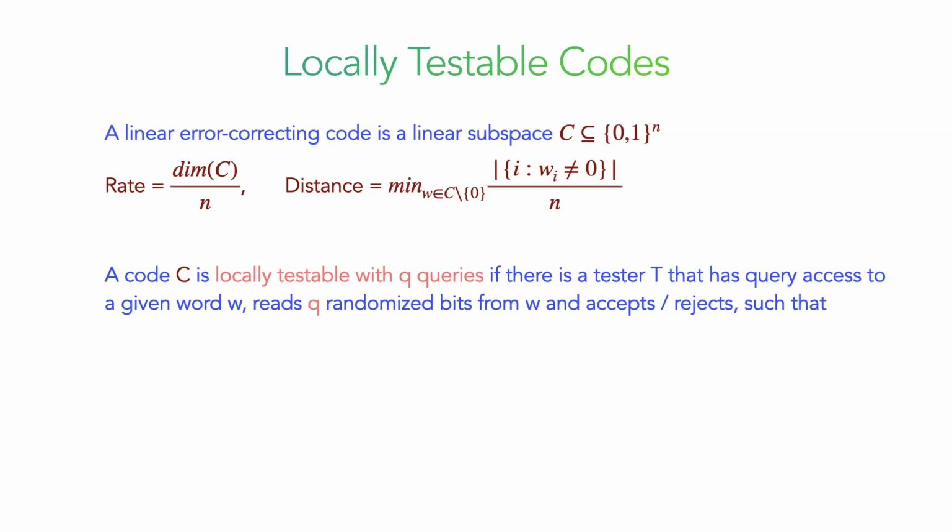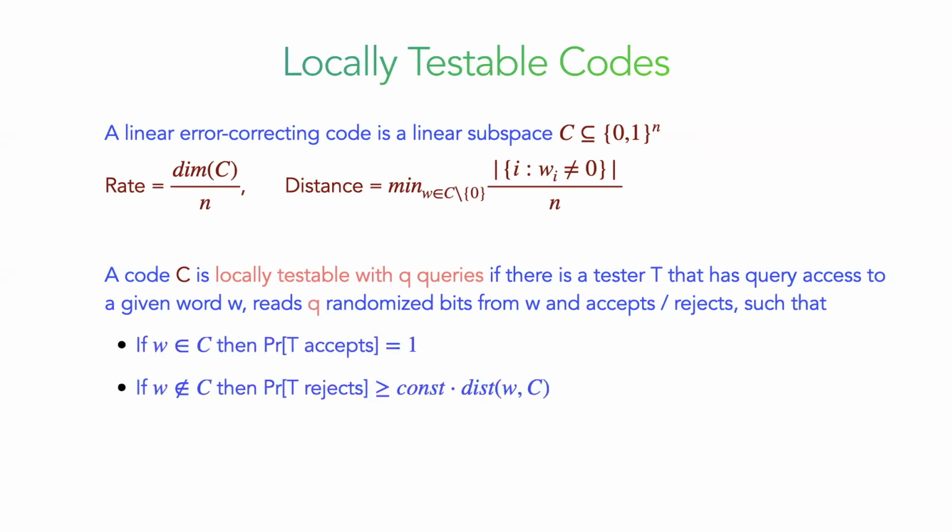It's a code that also has a tester, but it randomly selects just a few bits of the word to read. A few bits here is Q, and based on reading these bits, it says yes or no, accept or reject, and it has the following two properties. If the word is in the code, it always accepts. If the word is not in the code, then it rejects with probability proportional to the distance from the code.